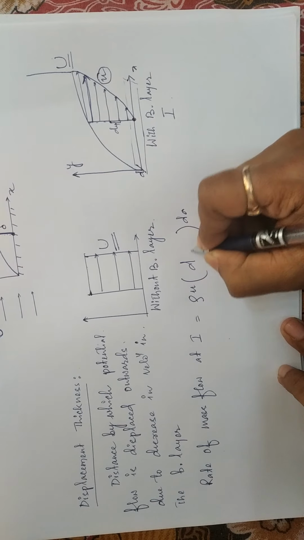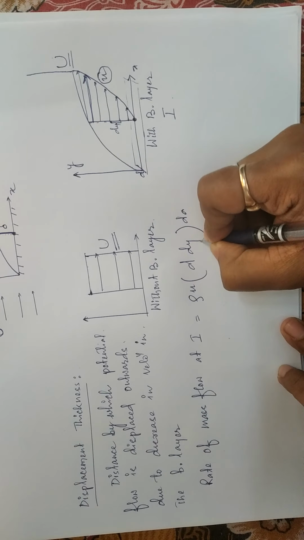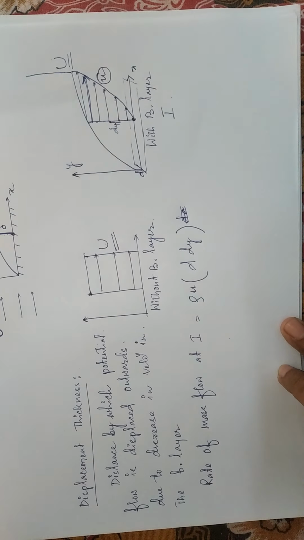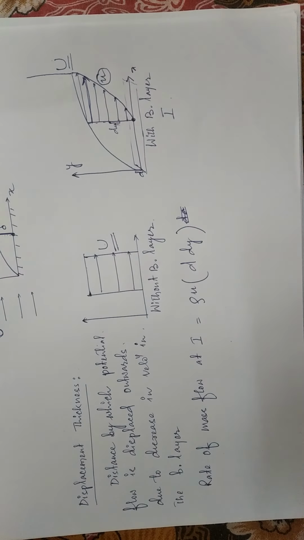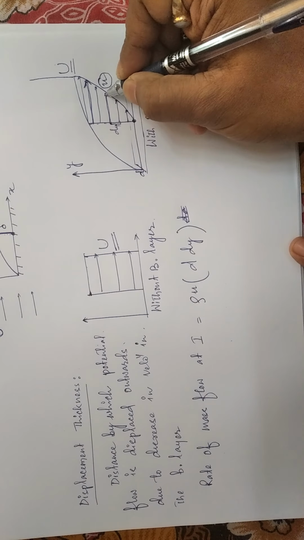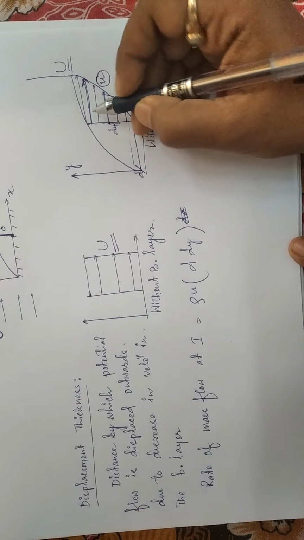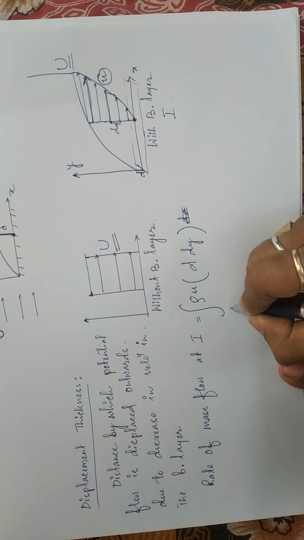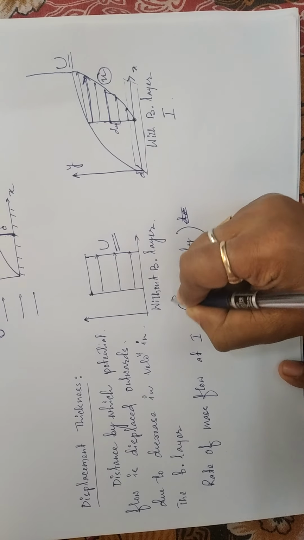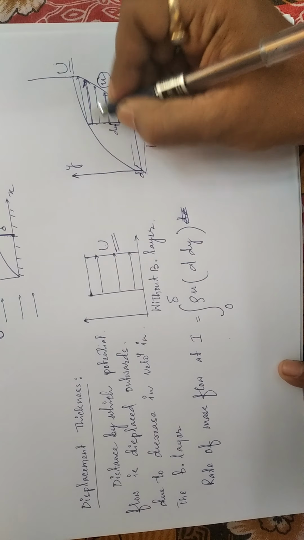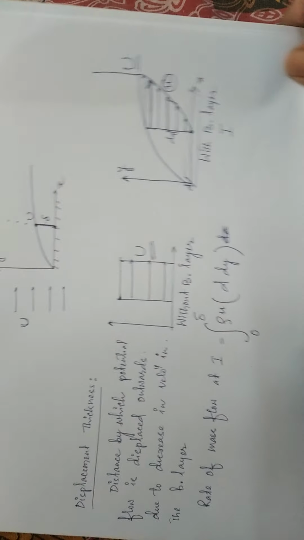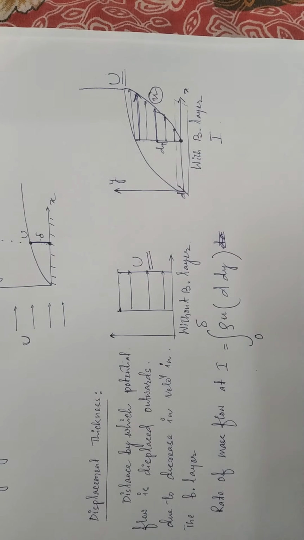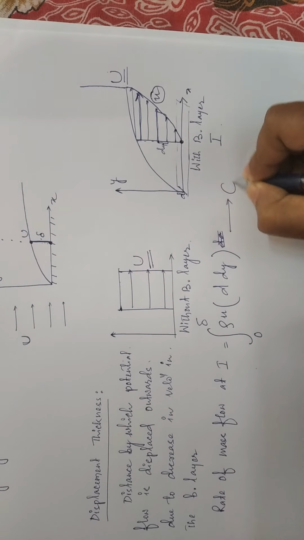So this is d into dy. Now this is only for the small increment. If we need it for the entire length, then we have to integrate it with respect to y from 0 to delta. How delta? Because the thickness of this boundary layer is delta. So we make it 1.